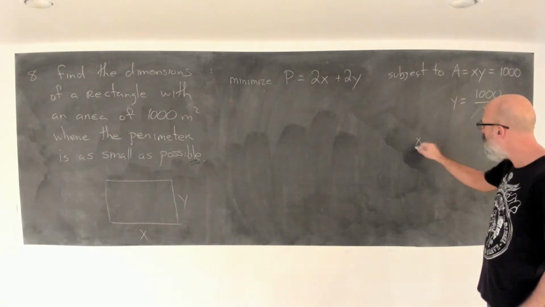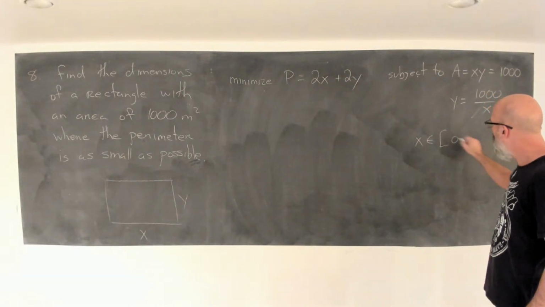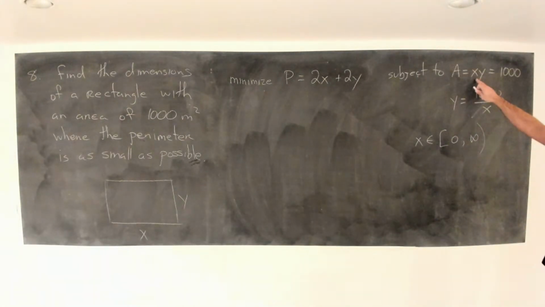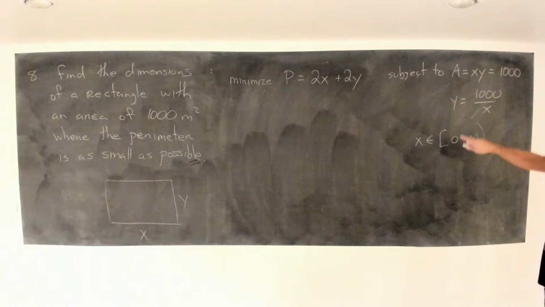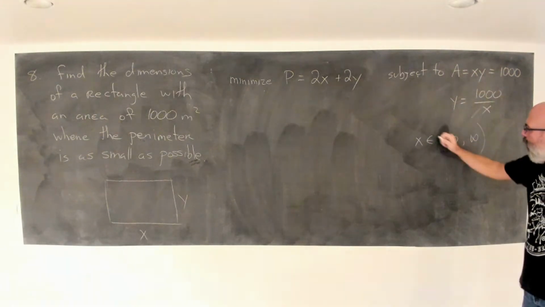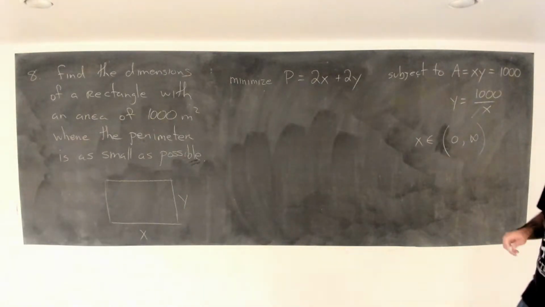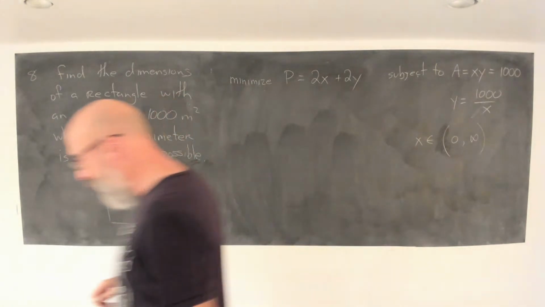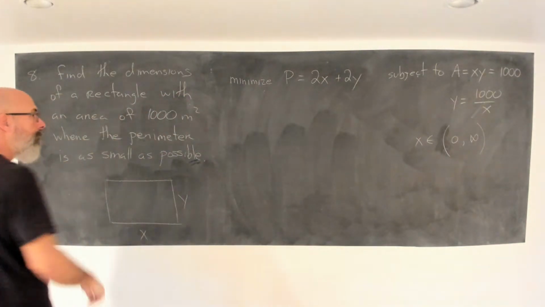So of course x should be bigger than or equal to 0. But if x is 0, the area cannot be 1,000. So you cannot have 0 there.